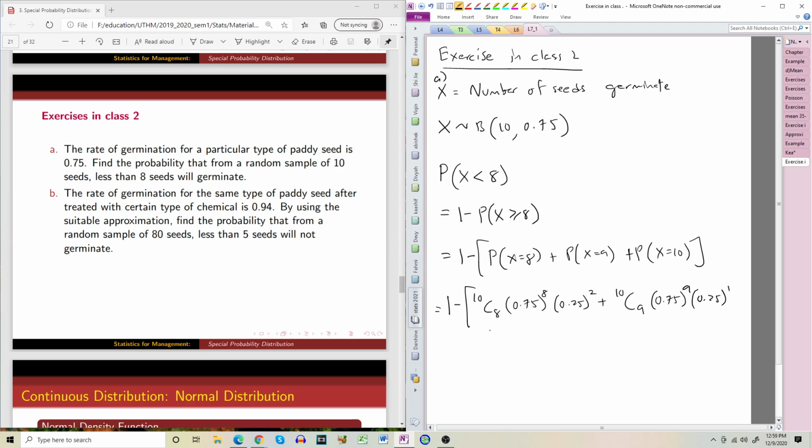Just give me some more time, a bit of time. If you compute this, your answer should be this.